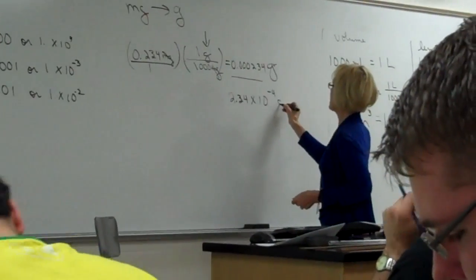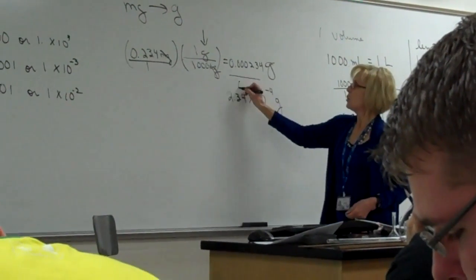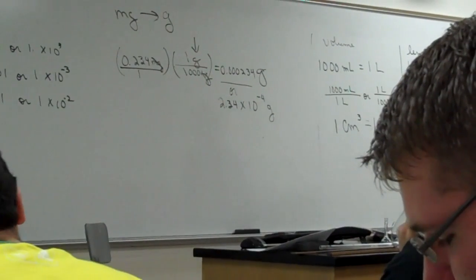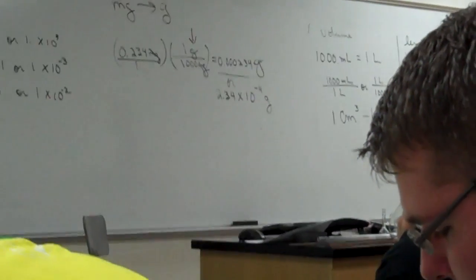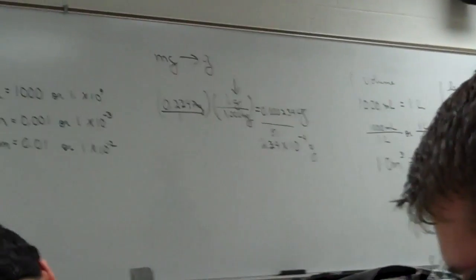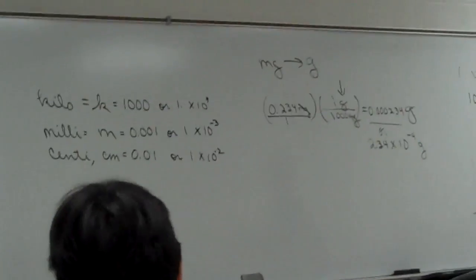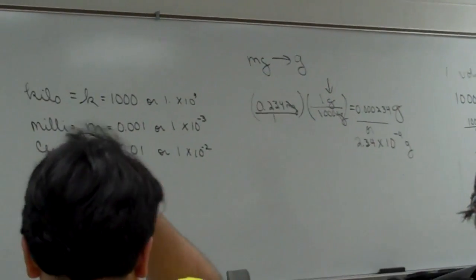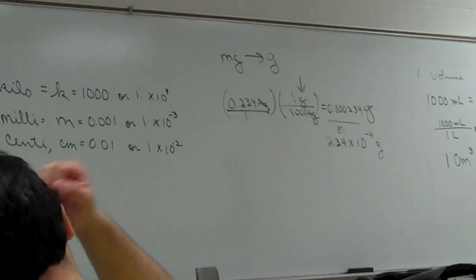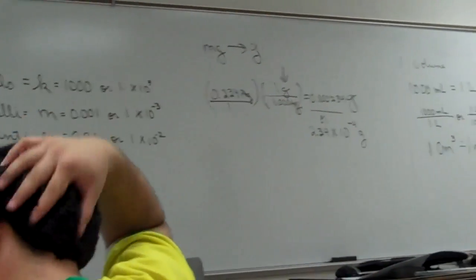Minus 4 grams. And you'll say, which way will it be on the test? It can be either way. Become versatile. Which way is it on your calculator? Your calculator has a mind of its own. Sometimes it goes one way, sometimes it goes the other. So we got to grams. Are you okay on that?